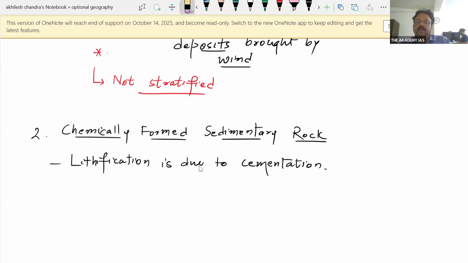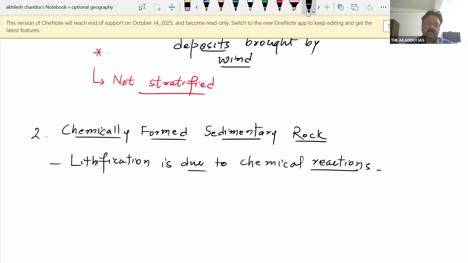Lithification is due to chemical reaction taking place. Okay, chemically formed sedimentary rock. And the examples are like gypsum. We have limestones, dolomite.